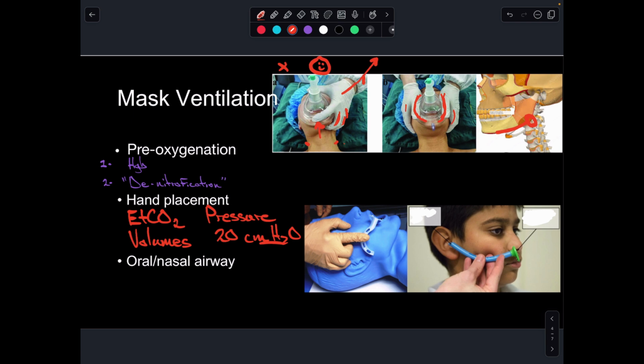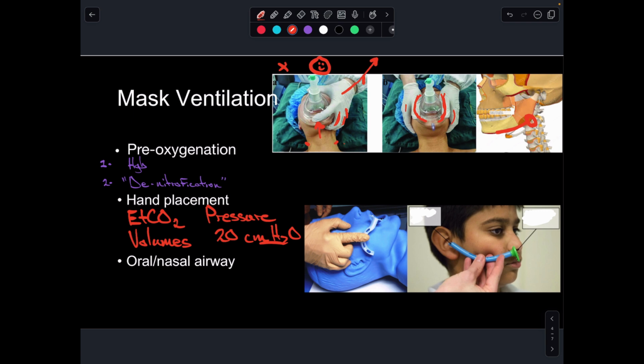However, they're better tolerated by a patient that has an intact gag reflex, and that stimulus is less, so you're less likely to create a laryngospasm, which could be particularly important in kids, avoiding that stimulus in stage 2 of anesthesia that an OPA, an oropharyngeal airway, could cause. Now, that said, an NPA could still cause a laryngospasm, it's just less likely.